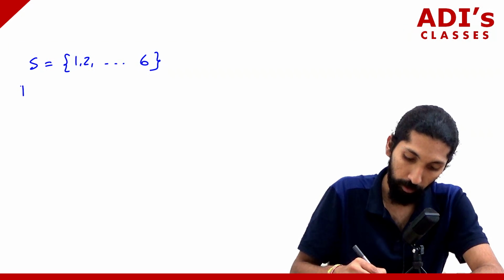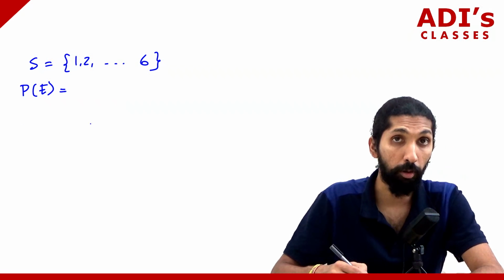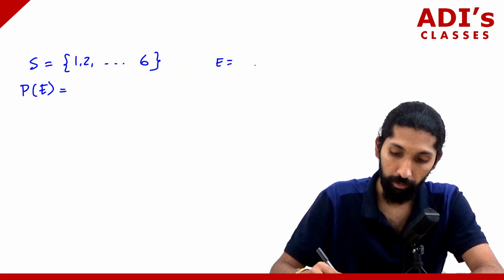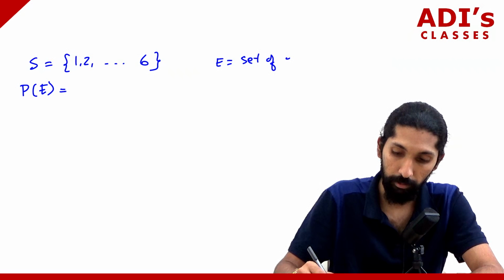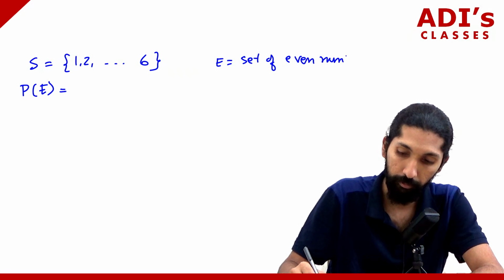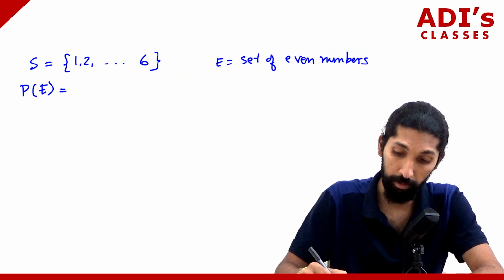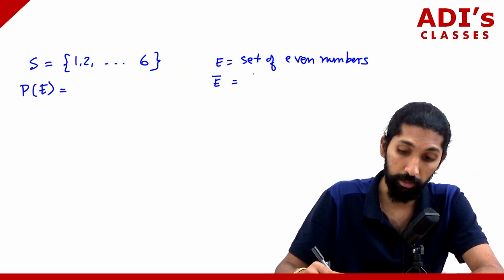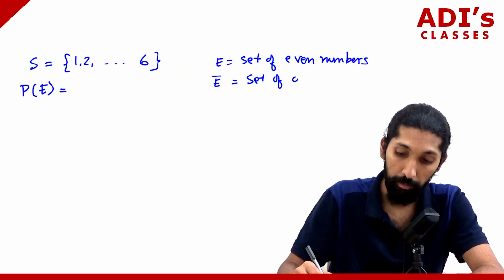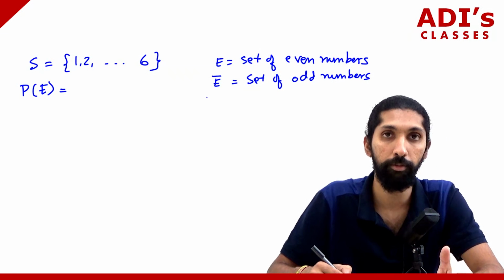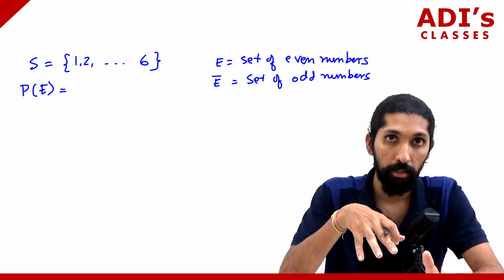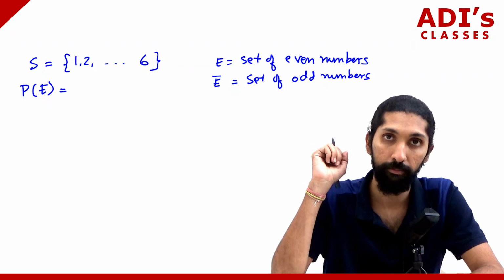Now say my event E is the set of even numbers. Very simple example. So E complement is going to be the set of odd numbers, correct? Because the set of even numbers and the set of odd numbers cannot be together. Complement is something which is there in the universal set, but should not be there in that event.